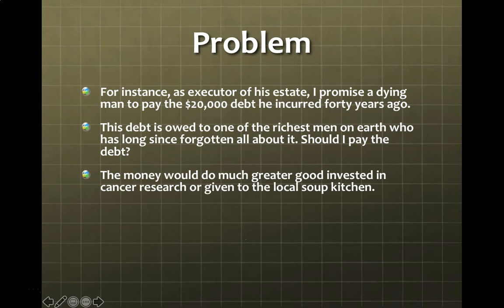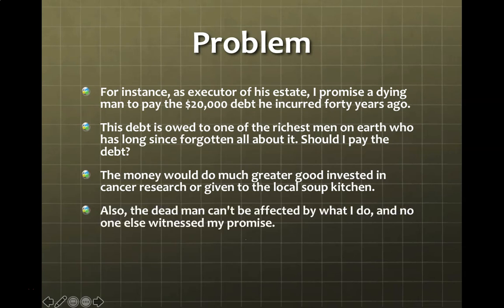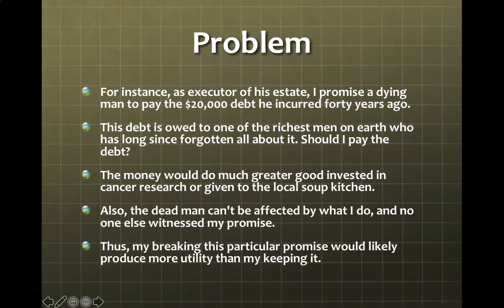The money would do much greater good invested in cancer research or given to the local soup kitchen. Also, the dead man can't be affected by what I do, and no one else witnessed my promise. Thus, my breaking this particular promise would likely produce more utility than my keeping it. But would it be right to break the promise?